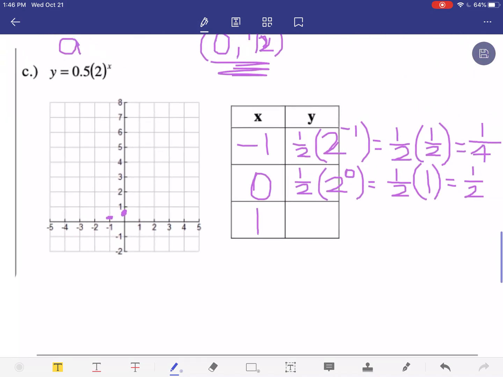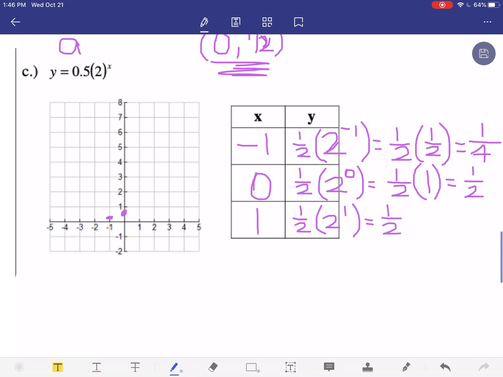And then if we plug 1 in for x, 1/2 times 2 to the first power, 2 to the first power is 2, and 1/2 times 2 is 1. So 1, 1.